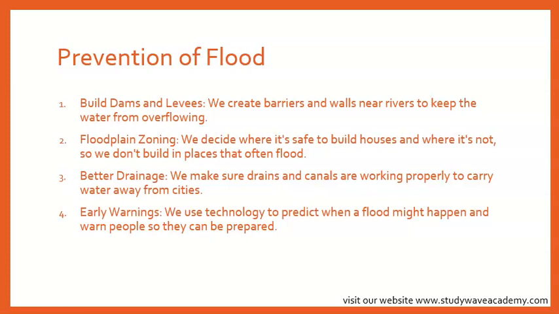We looked at the meaning of erosion, agents of erosion, types of erosion, prevention of erosion, right? Then we looked at the meaning of flooding, causes of flooding, prevention of flood, and we understood everything. Okay, good.